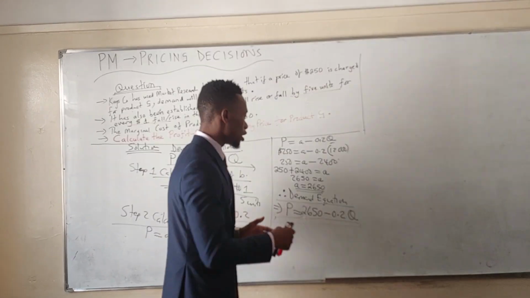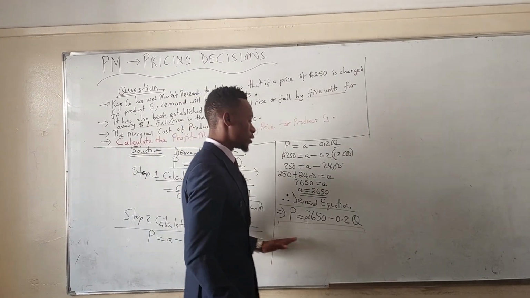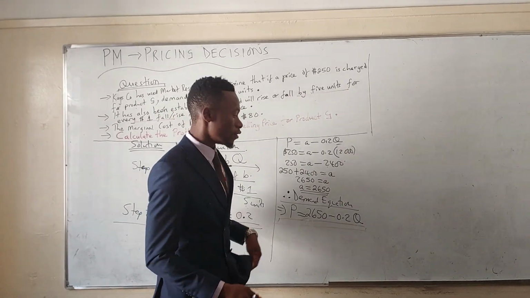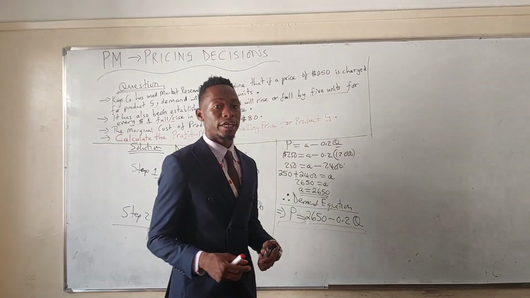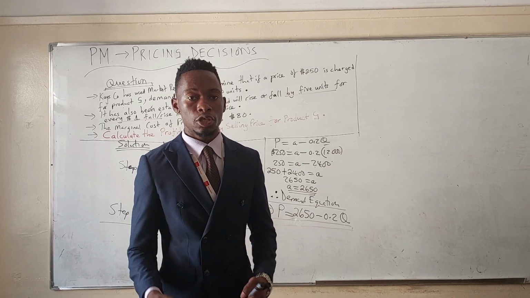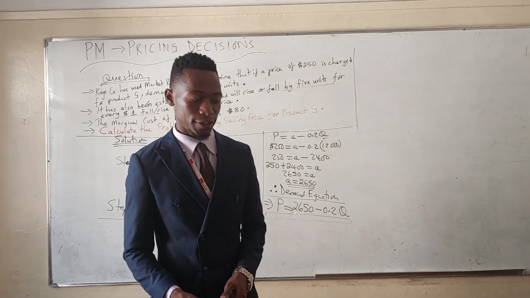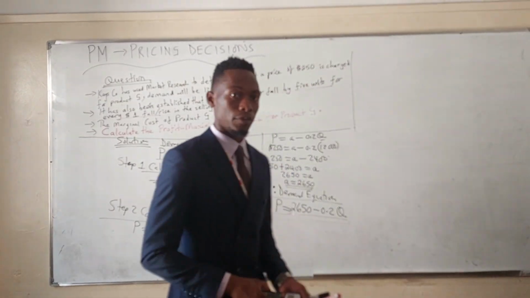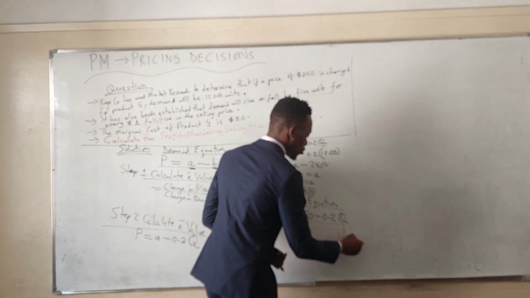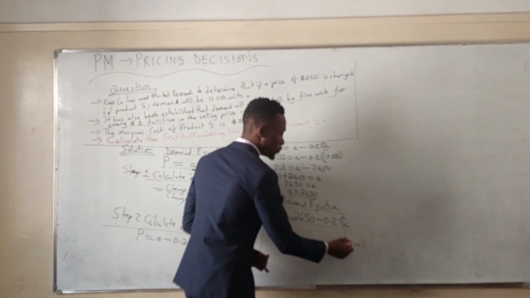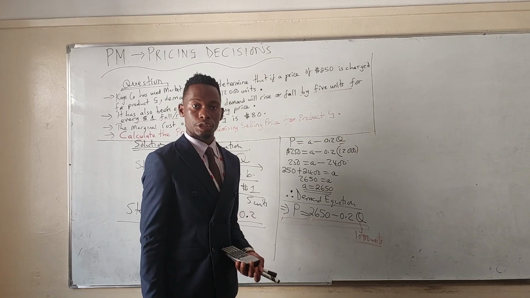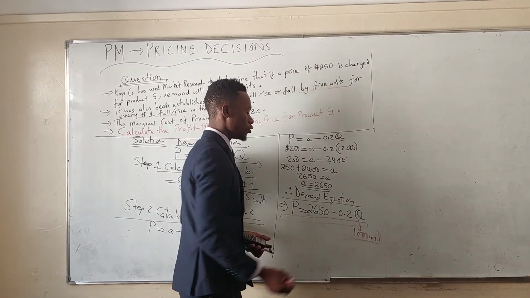Right. This demand equation helps you to make a decision within an organization. Because on this question, this is the equation of the company. The company can then make a decision, for example, let's say, for us to be able to sell 1,000 units, they can ask you about that in the exam. On the quantity, they will say, what about if you sell 1,000 units? For us to be able to sell 1,000 units, our price should be how much? So are you seeing that you substitute, right?